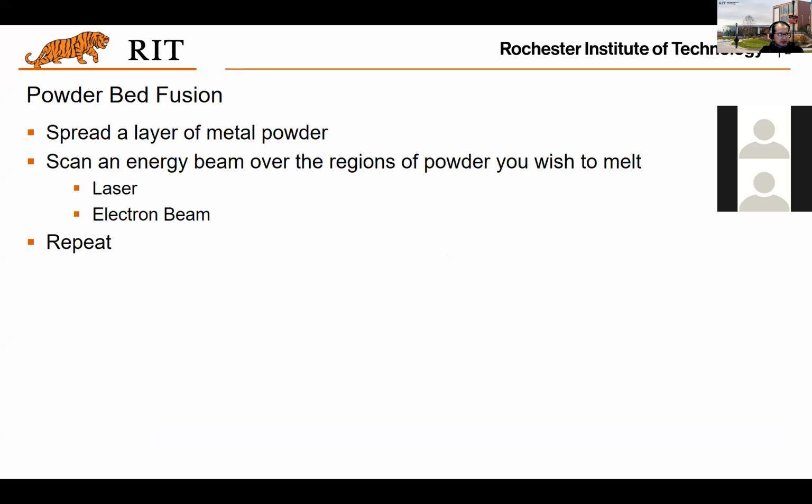If you check the energy beam used to solidify the powder, you will immediately realize there are two different types. One is the laser, another one is the electron beam. These two are the major power sources for the energy for metal powder printing.